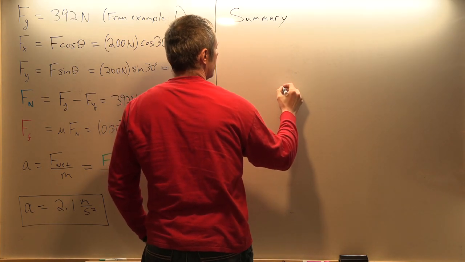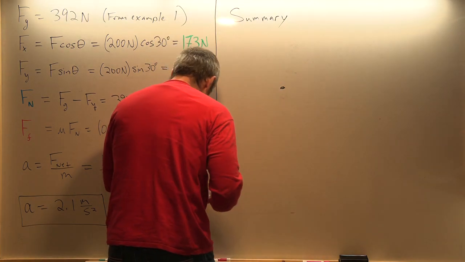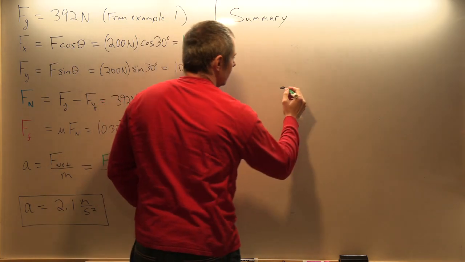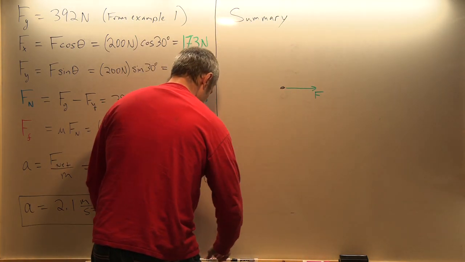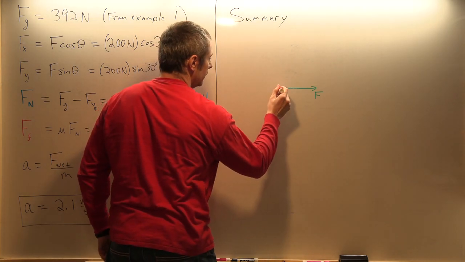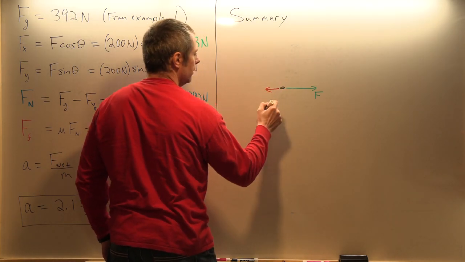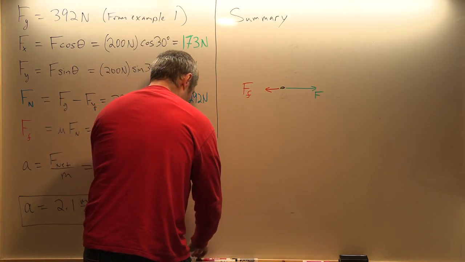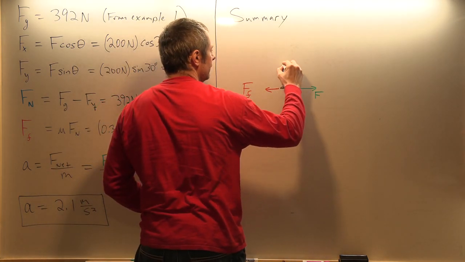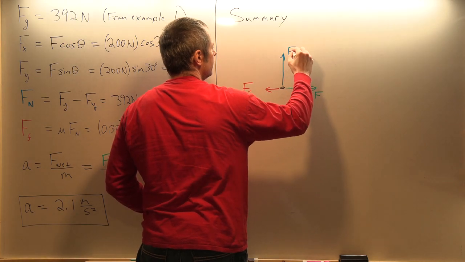So if you have a force diagram that looks like this, applied force and friction less. Okay, so draw that shorter. And of course, we've got our normal force and gravity, which are balanced out.